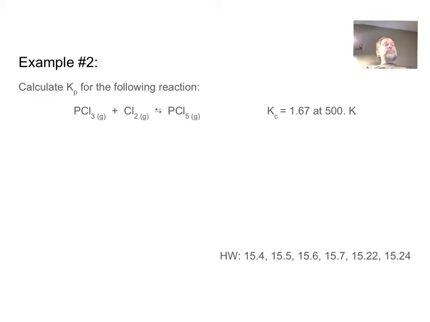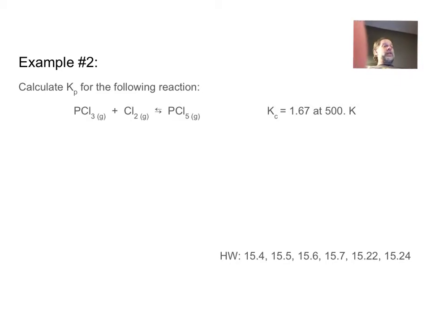So an example of a problem that we might come across would be to calculate the Kp if we've been given a Kc at a very specific temperature, and we have this equation at equilibrium.